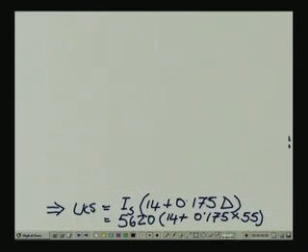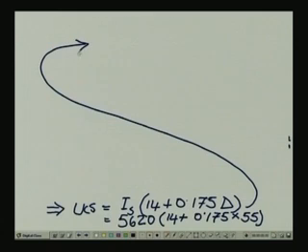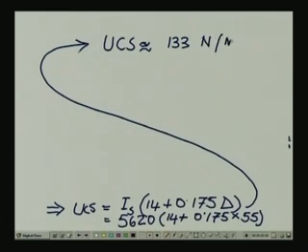So then what we get, let's begin from here, UCS then will be approximately 133 Newton per square millimeter, or the same thing restated is 133 megapascal.